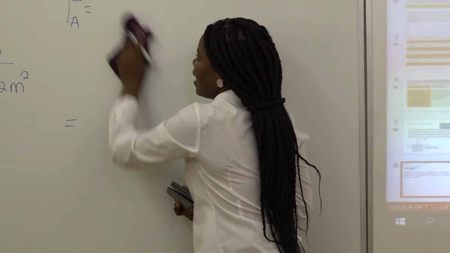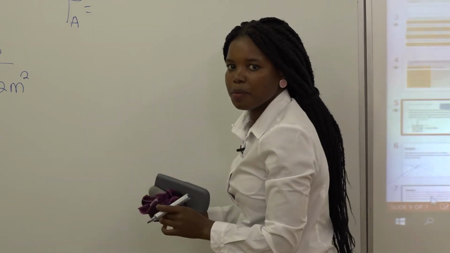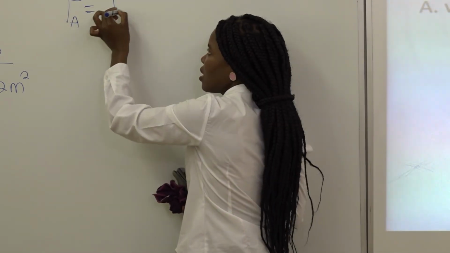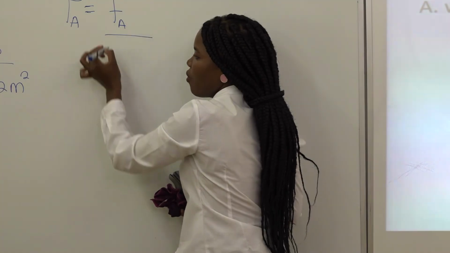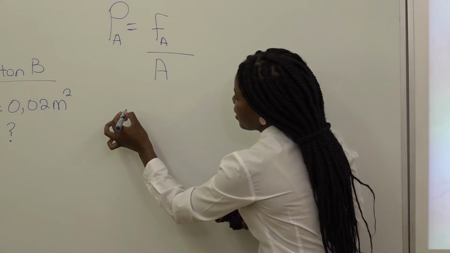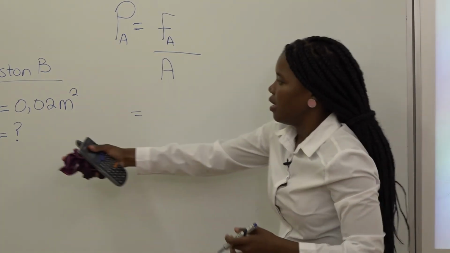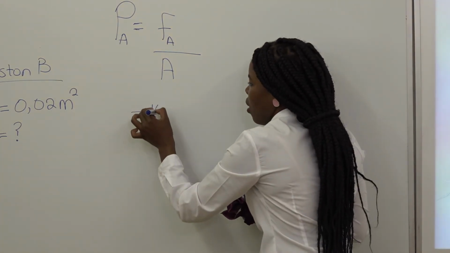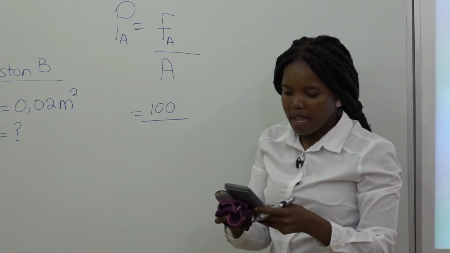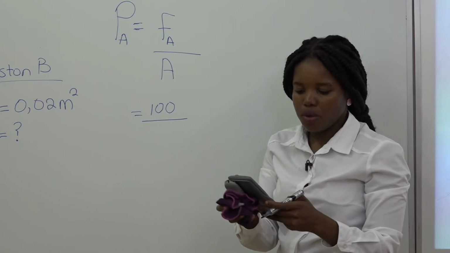So pressure A is given as force A over area A. Our force applied is 100, so we say 100 over our area, 0.002.